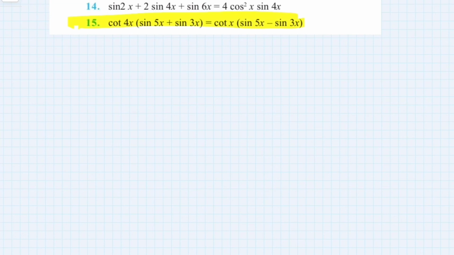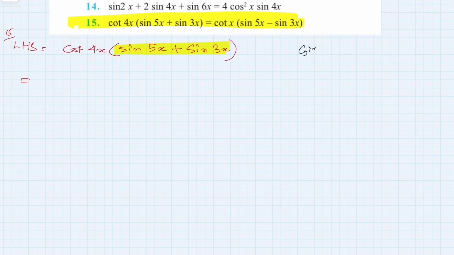Again we are going to write the left hand side first. Question number 15, that is cot 4x (sine 5x plus sine thrice x). Here within the bracket, we are going to use this identity again: sine C plus sine D is equal to 2 sine (C plus D by 2) cos (C minus D by 2).